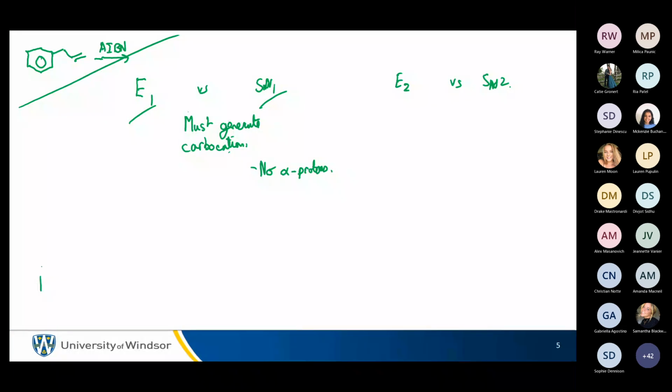Well, let's say we had a molecule like this. Obviously, iodine is the best leaving group.